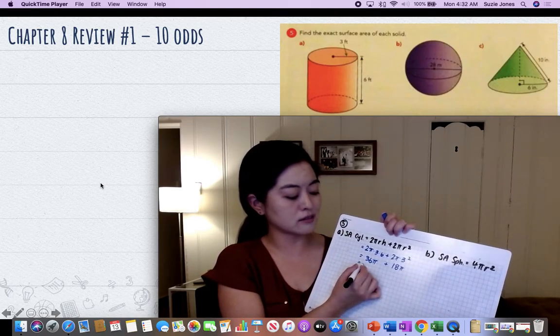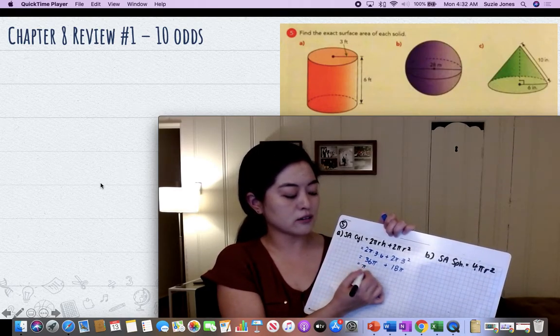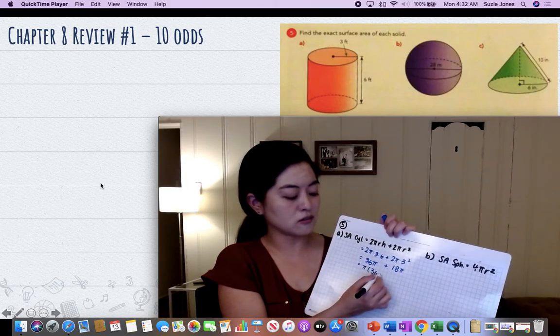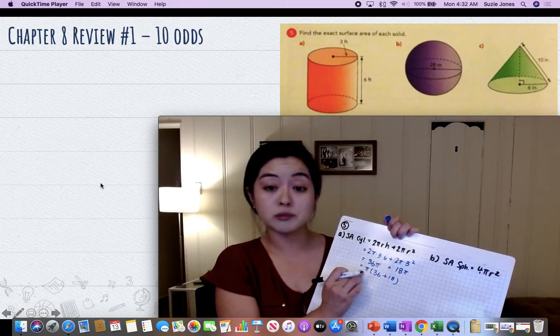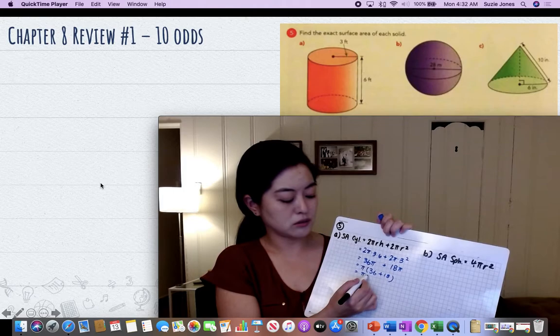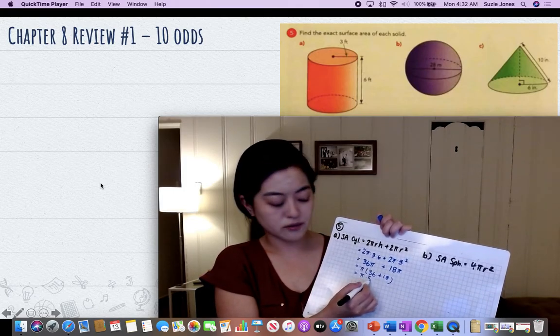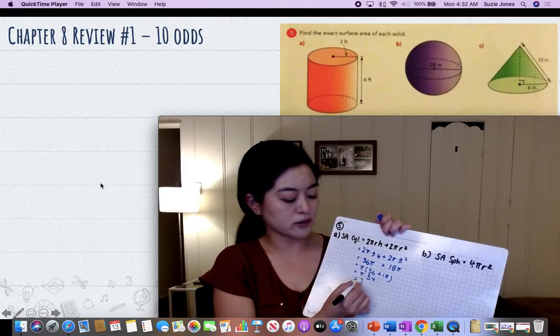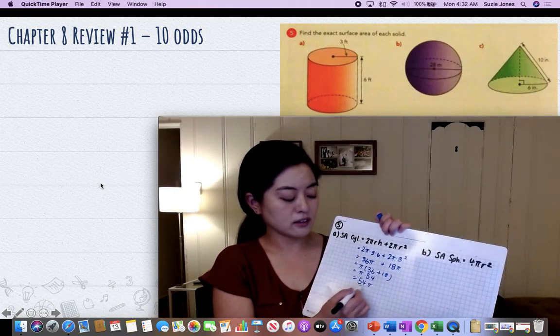Because if we take out a common factor of pi, then this becomes 36 plus 18 times pi, which is equal to 54, or you can reverse this and write it like this.